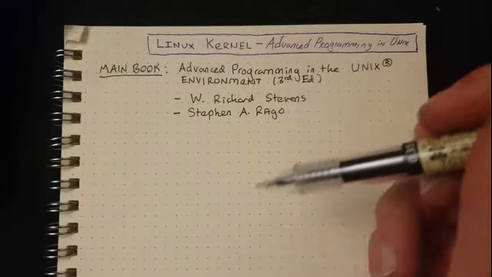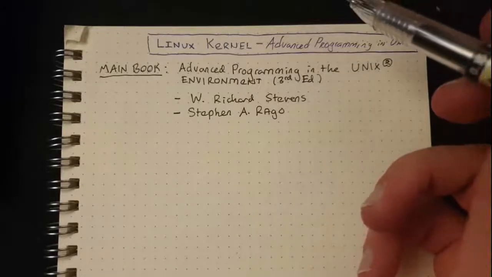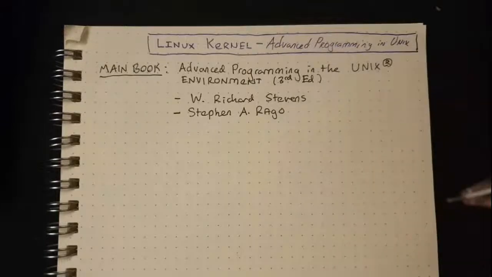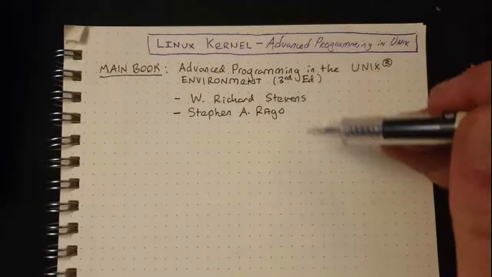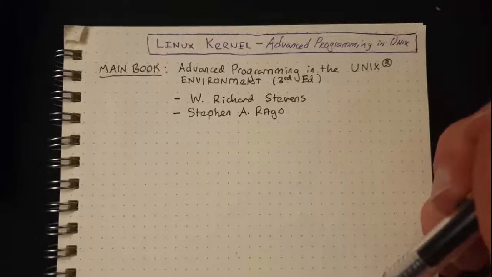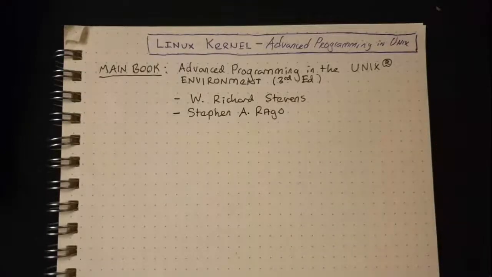As I mentioned, the book I'm going to be following along to is Advanced Programming in the Unix Environment, and this is written by W. Richard Stevens and Stephen A. Rago. If anyone wants to study along with me, you can get the book, but if you don't want to, I guess that's your personal choice.